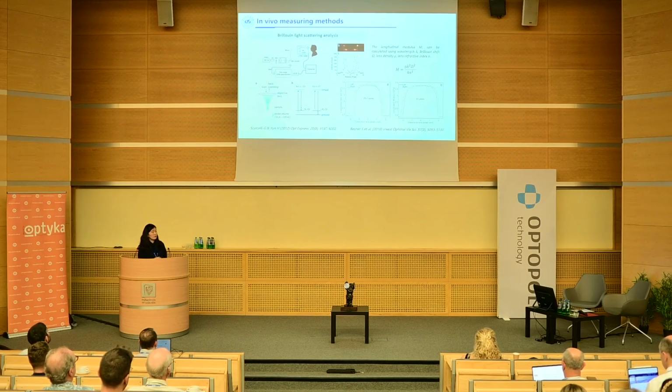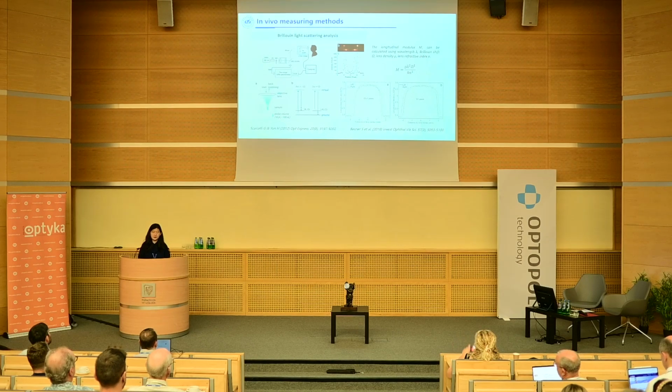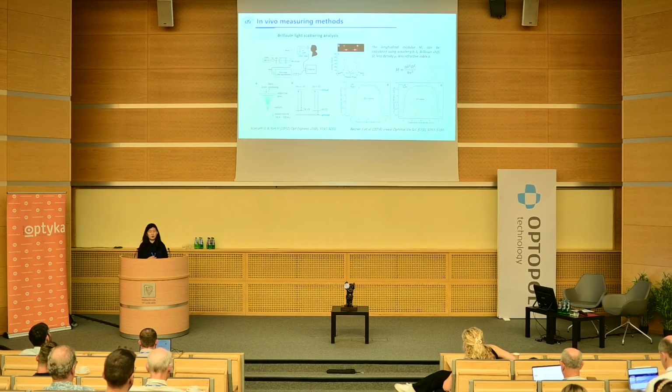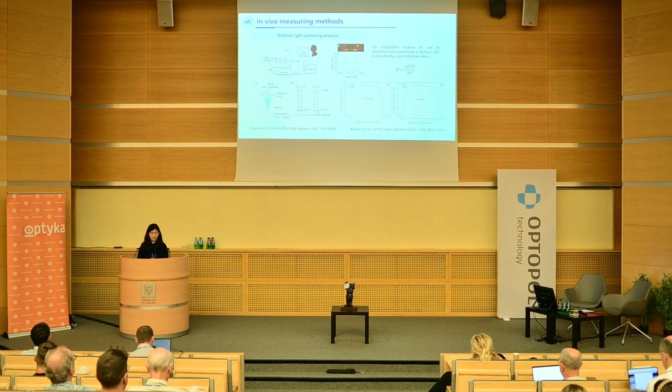Also, we know in recent years there are new technologies which can measure the mechanical properties of the lens in vivo. As a representative, Brillouin light scattering has been successfully applied to the human lens over a wide age range. Although it is a mechanical measuring method, the basic principle of this technique is still based on optics.